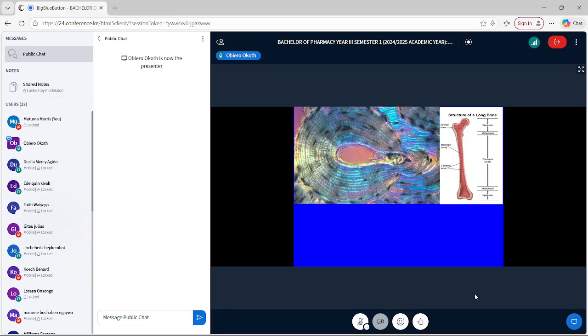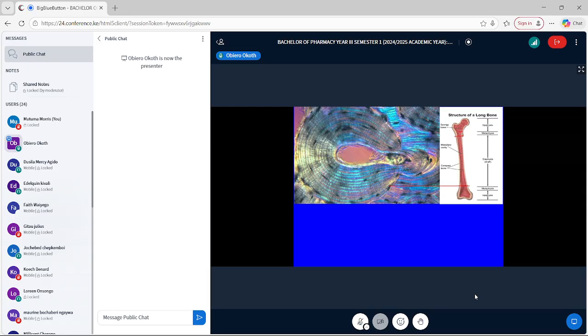And again, another definition that we need to introduce here is how a long bone normally is defined. A long bone has some definitions, like this is the femur, or the shaft.